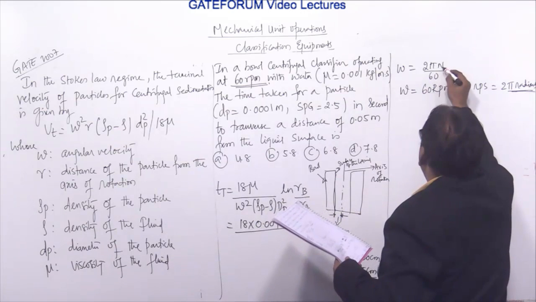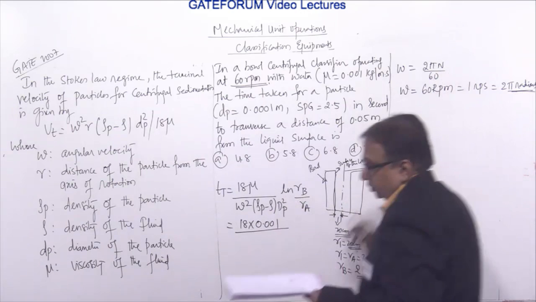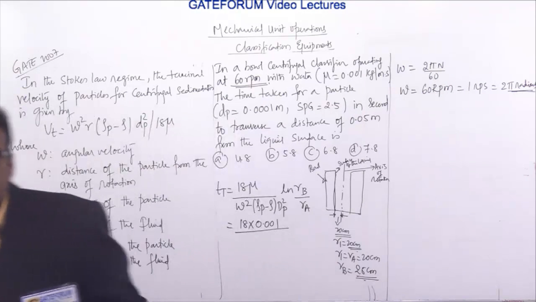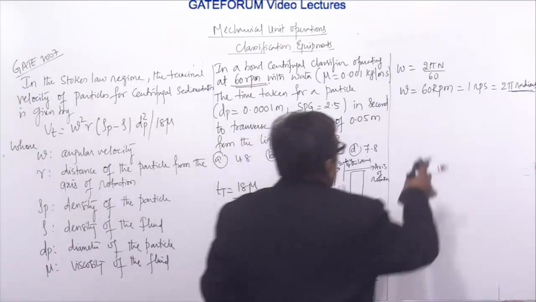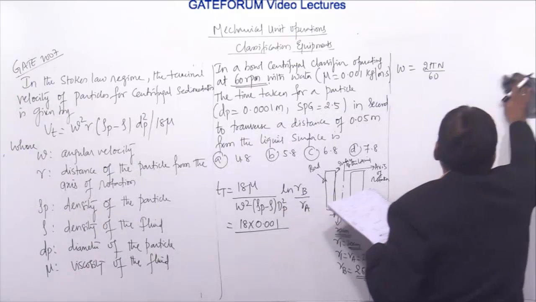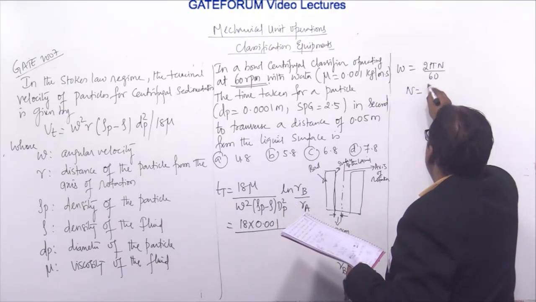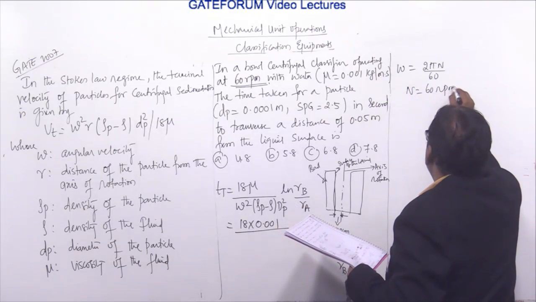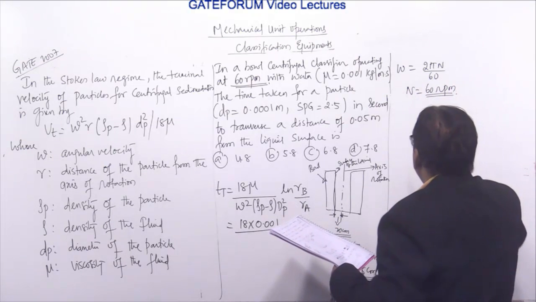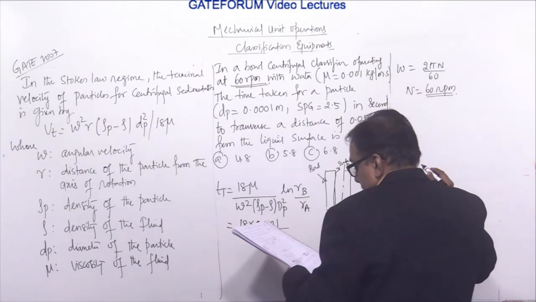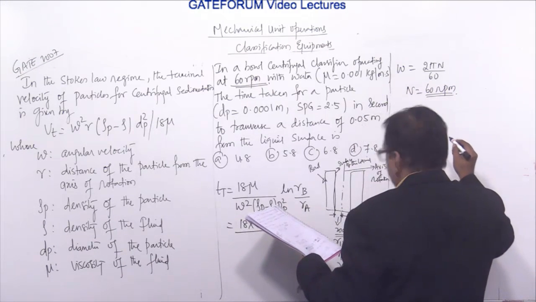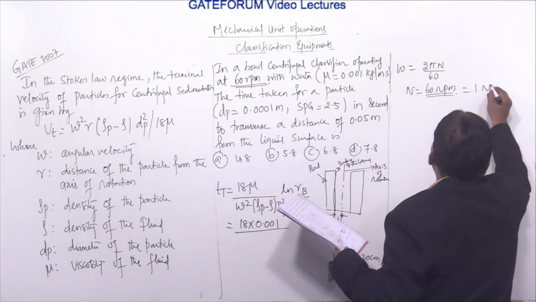So just substitute here. N is the RPM, correct? N is 60 RPM. 60 RPM means 1 RPS, correct?